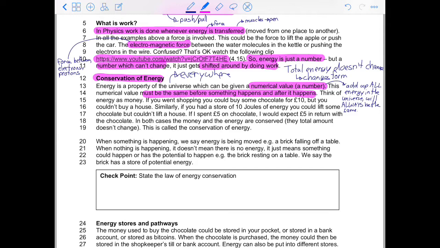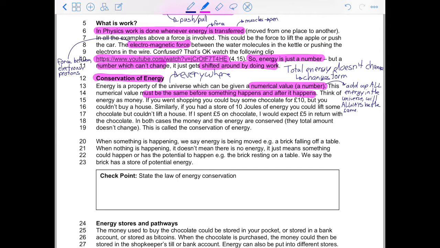In the same way, if you had 10 joules of energy stored in your muscles, or stored however it needs to be stored at that moment, you could lift the bar of chocolate, because it doesn't take 10 joules to lift that, but you couldn't lift a whole house. All right, you would need a lot more energy to do that amount of work.